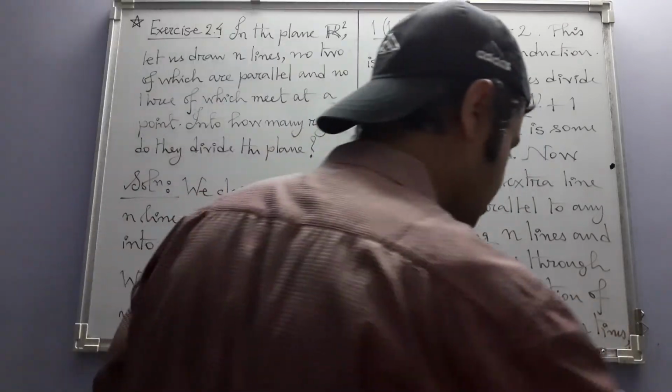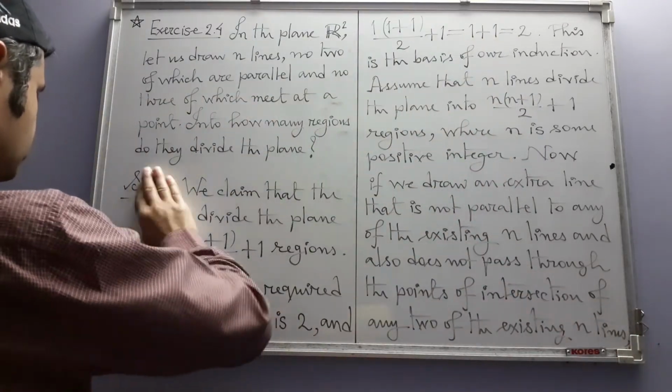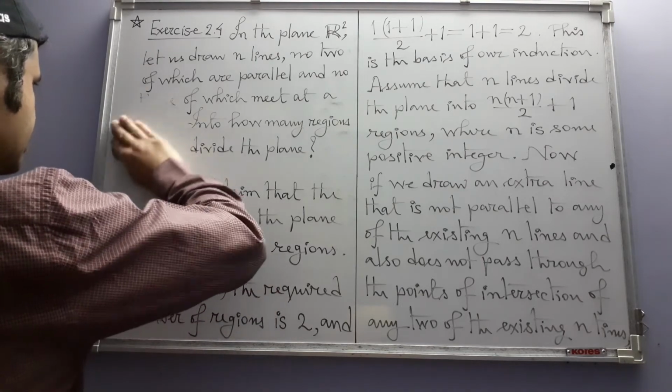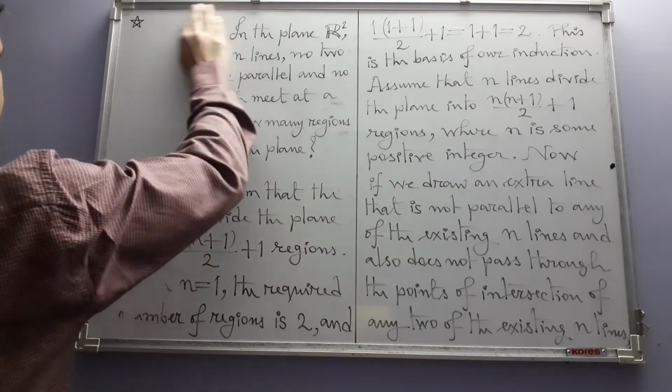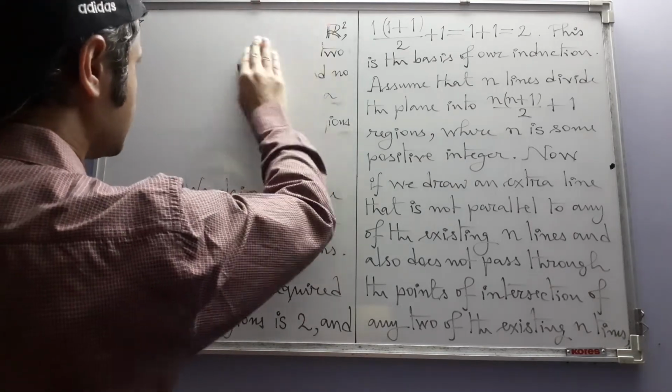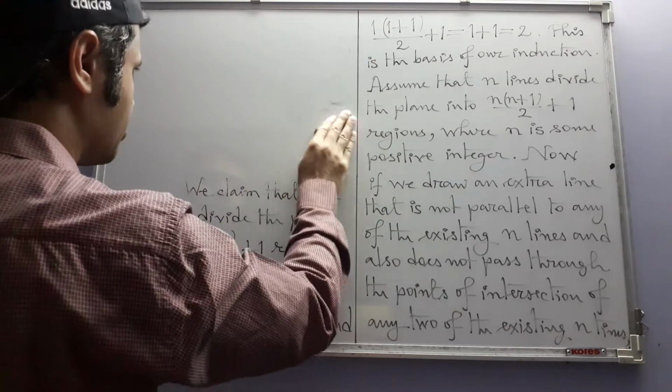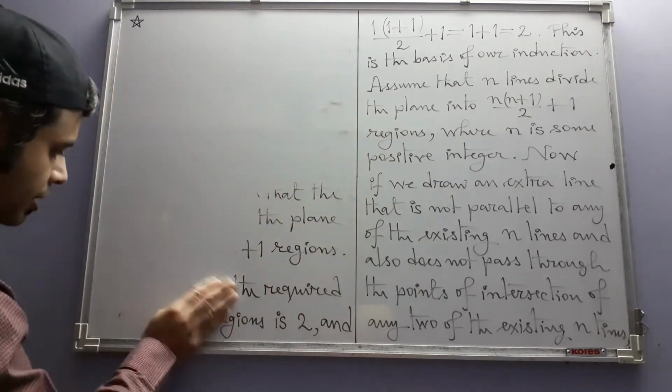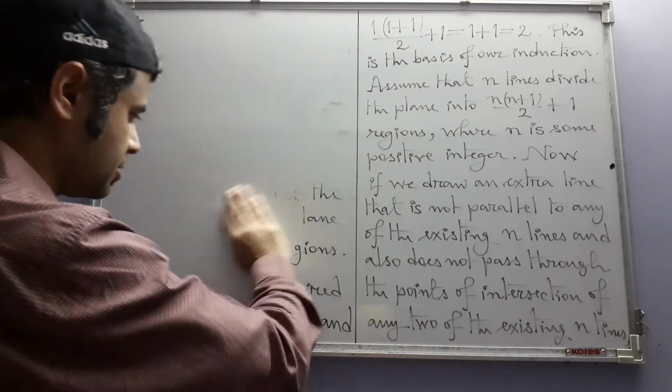Then what happens? This extra line satisfies the conditions. It is not parallel to any of the existing lines, and it also does not pass through the points of intersection of any two of the existing lines.